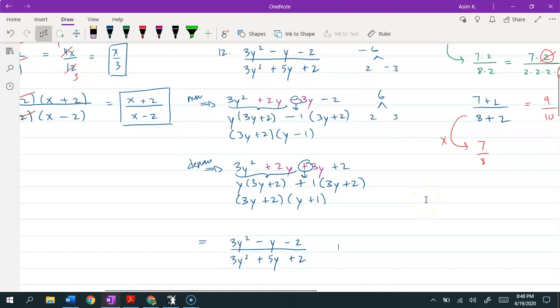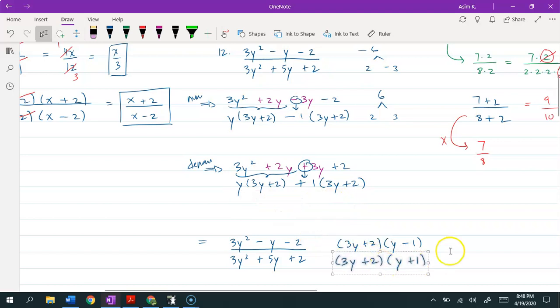And we discovered that the top, or basically the numerator, factorizes into 3y plus 2 multiplied by y minus 1. So that is right over there. That's the top. And finally, we realized that the denominator factorizes into everything that is over here. Right? So that is the denominator. So there's that. Okay.